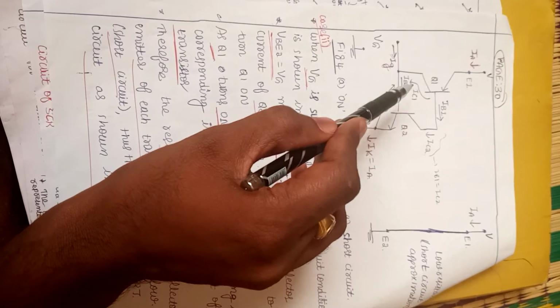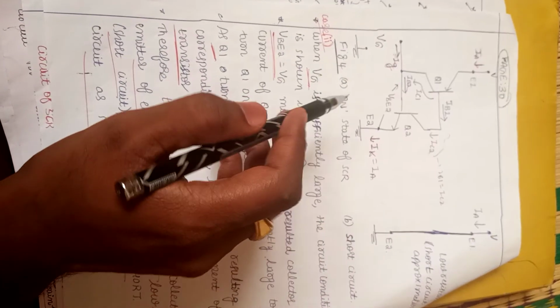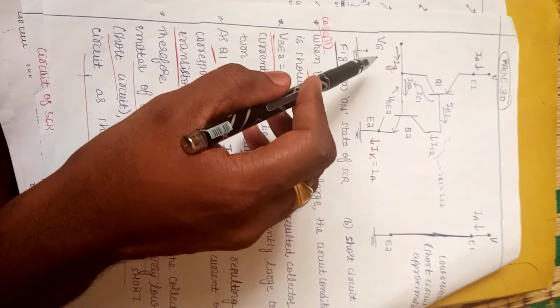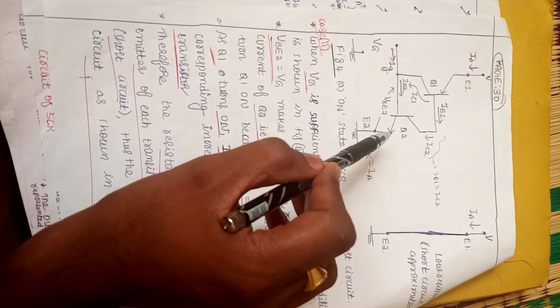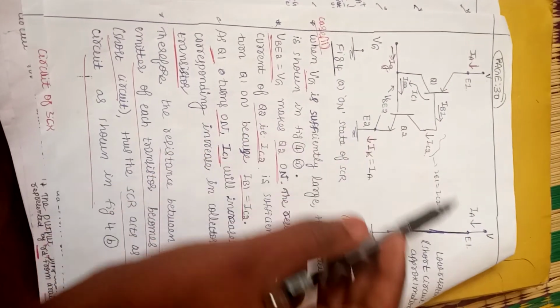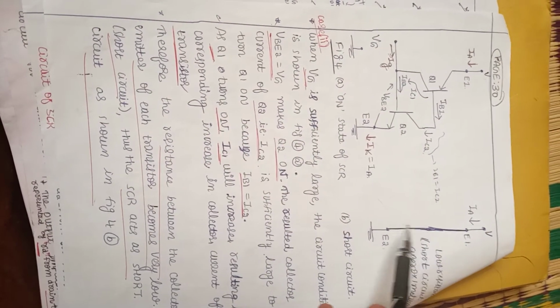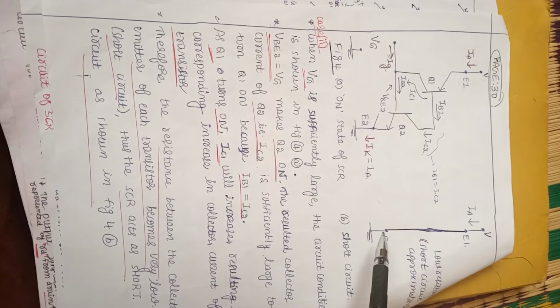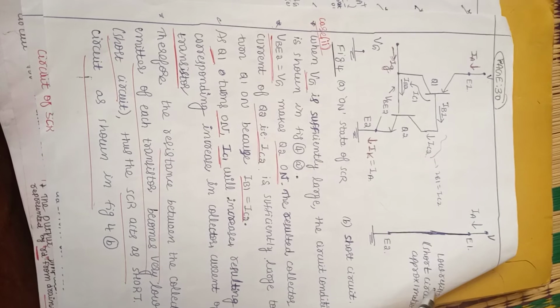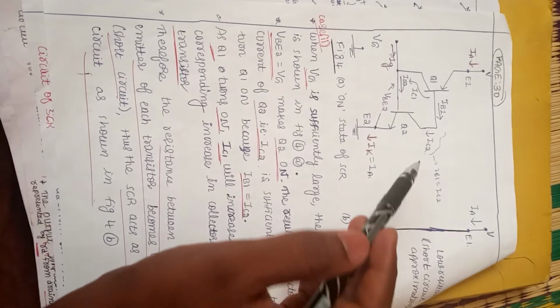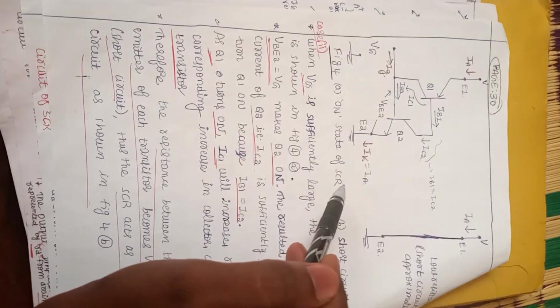Therefore, when you apply a certain magnitude of gate voltage, transistors Q2 and Q1 are in on state. If transistors are in on state, that can be represented by a short circuit. So for a short circuit, the resistance is very low. This one we call the on state of SCR.